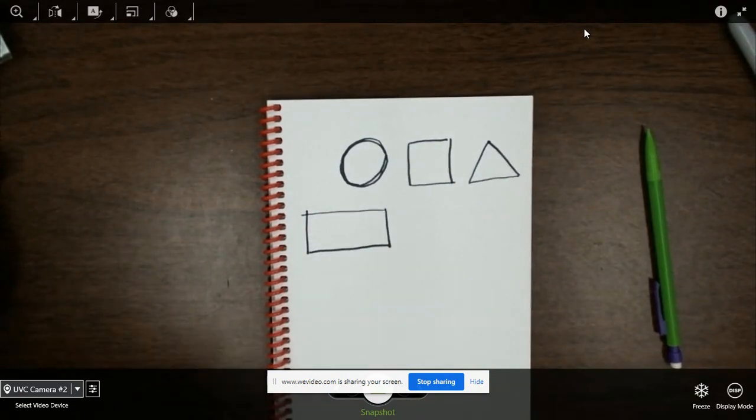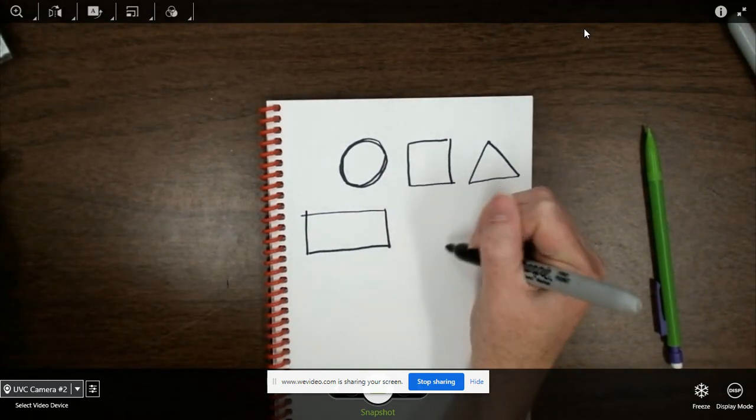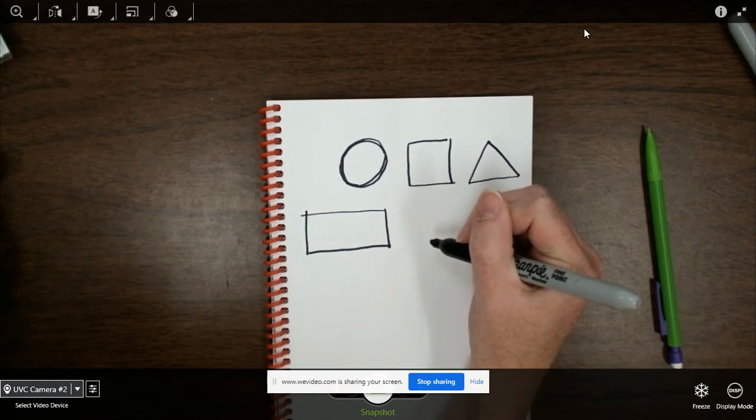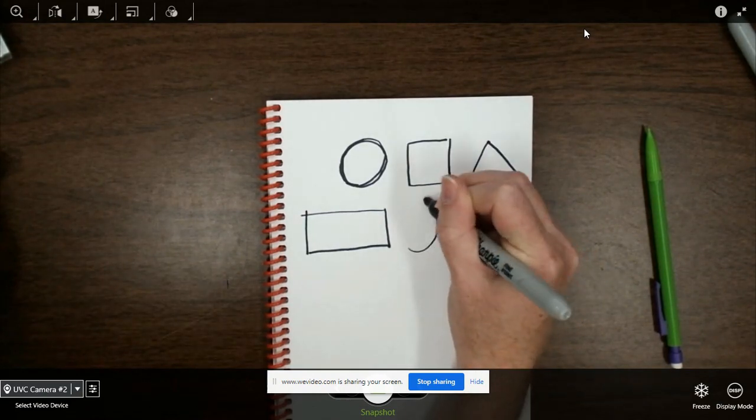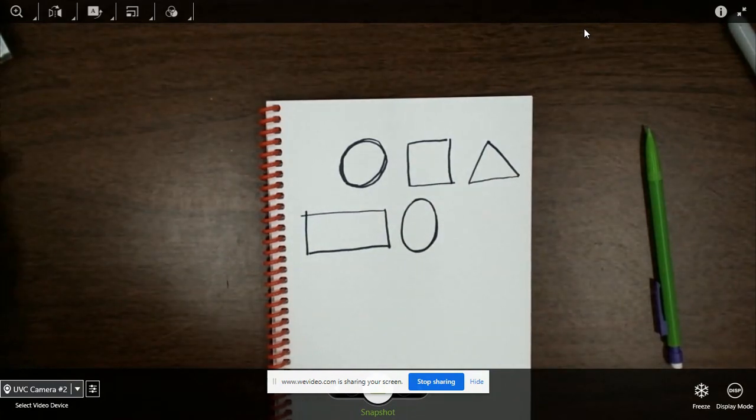All right, so we have our rectangle. Let's try an oval. An oval is just a stretched out circle, so we're still going to use that loopy line to create an oval. There we go.